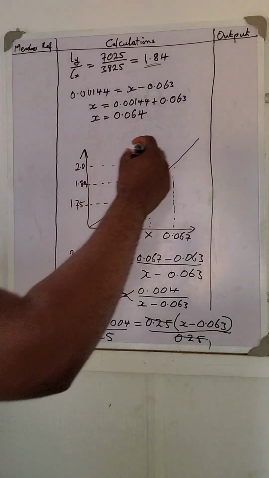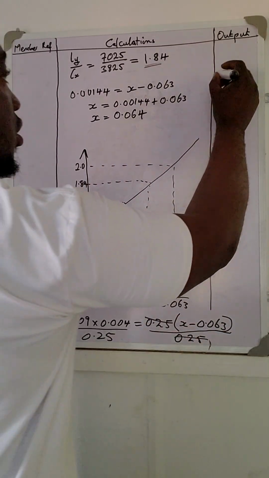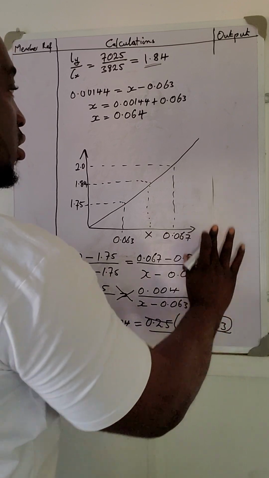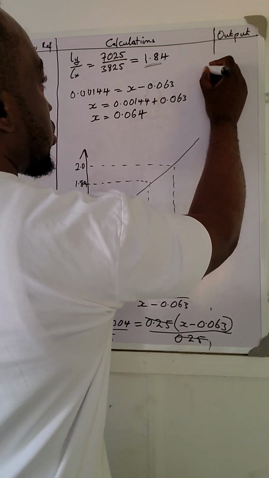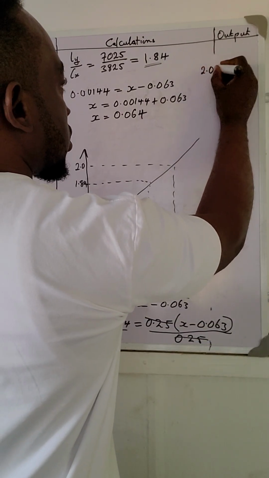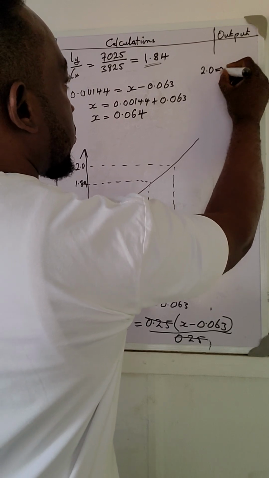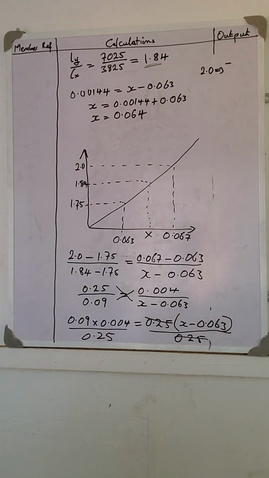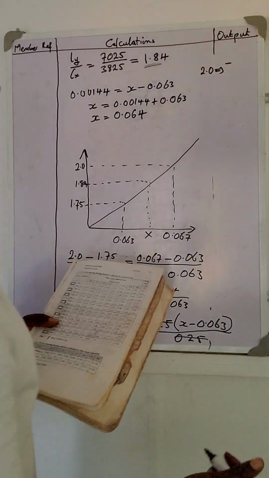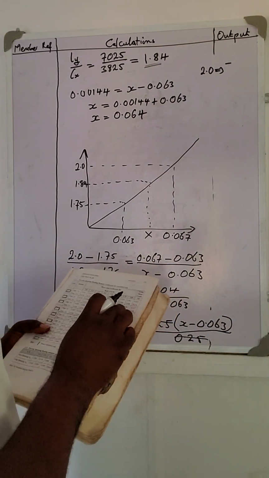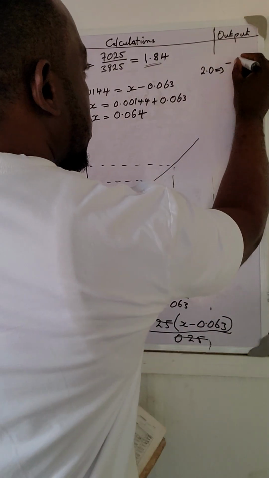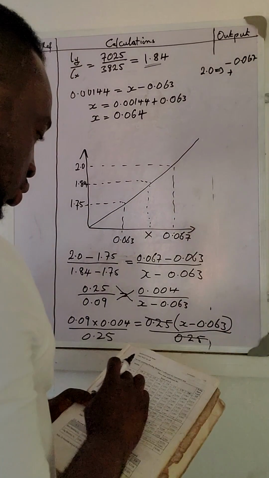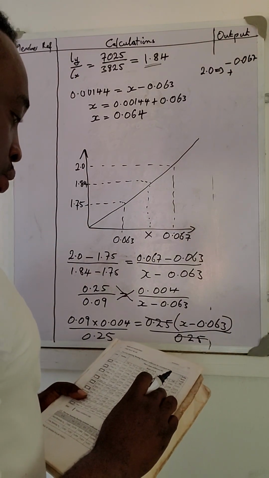So let me rewrite. For 2.0, the negative coefficient was 0.067, and positive coefficient was 0.050.